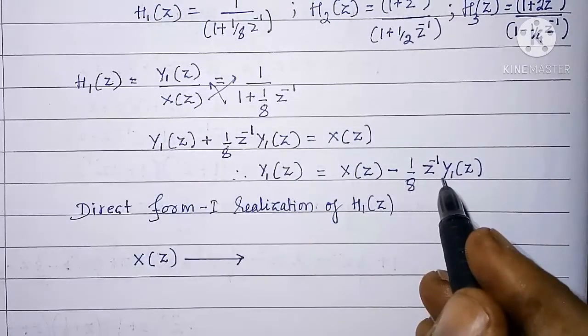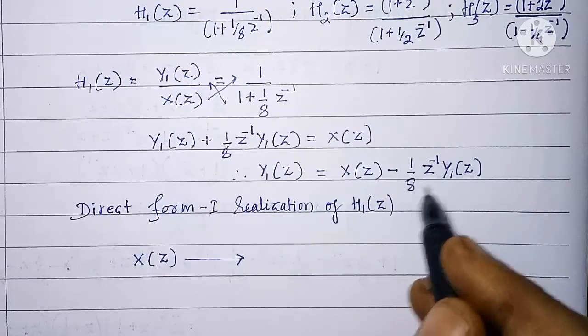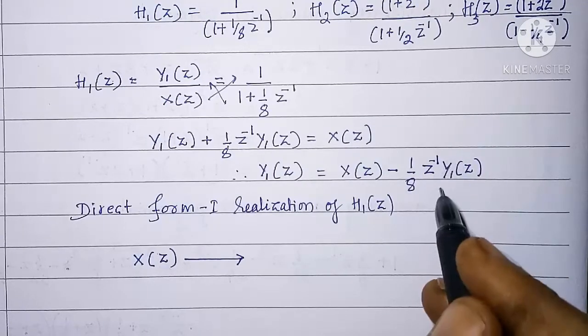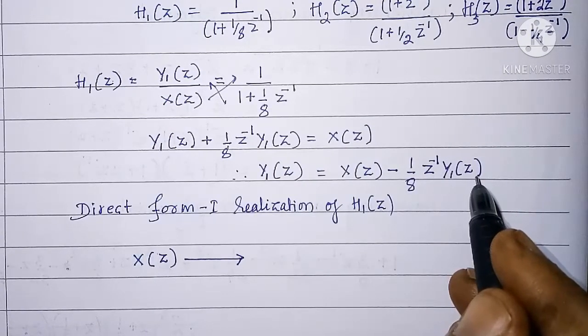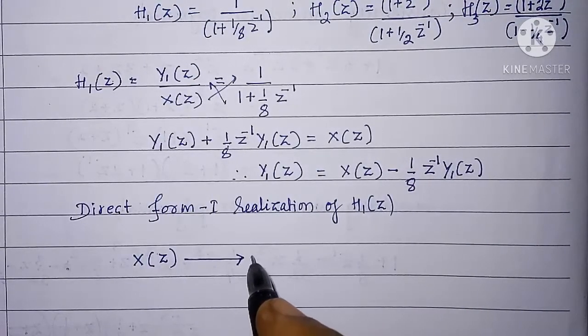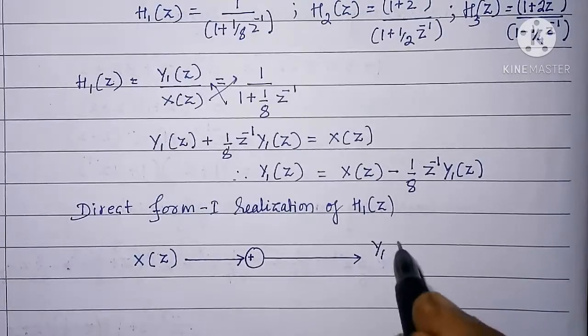From this we have to subtract minus 1 by 8 times z raised to minus 1 y1 of z. Let us say y1 of z is here.